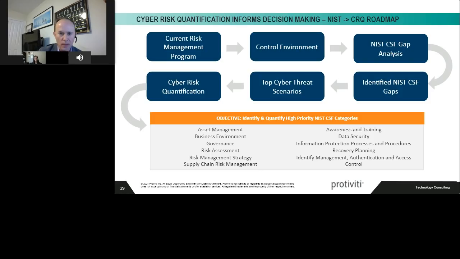They're saying start by triaging, and it's certainly valid to go do qualitative or semi-quantitative risk analyses, and then figure out kind of what your big items are out of there and identify and quantify those as your high priority categories. And NIST, of course, breaks them down into these categories like risk management, risk assessment, supply chain, identity and access management and such, right? This all aligns with NIST.